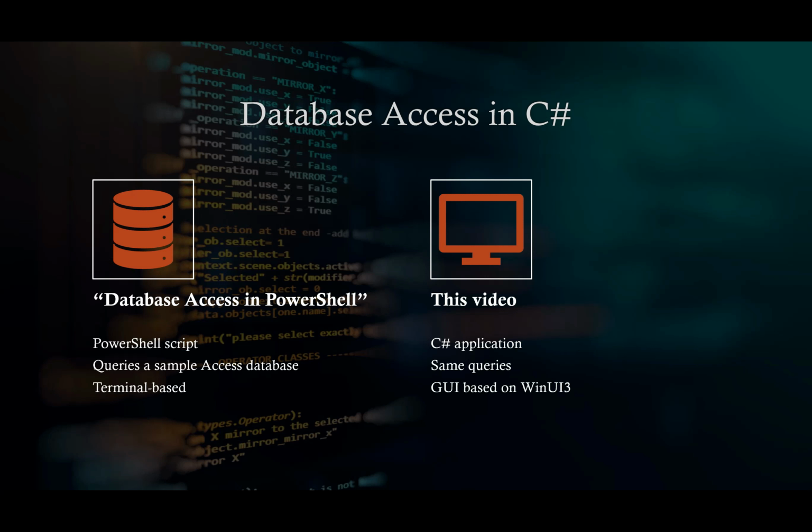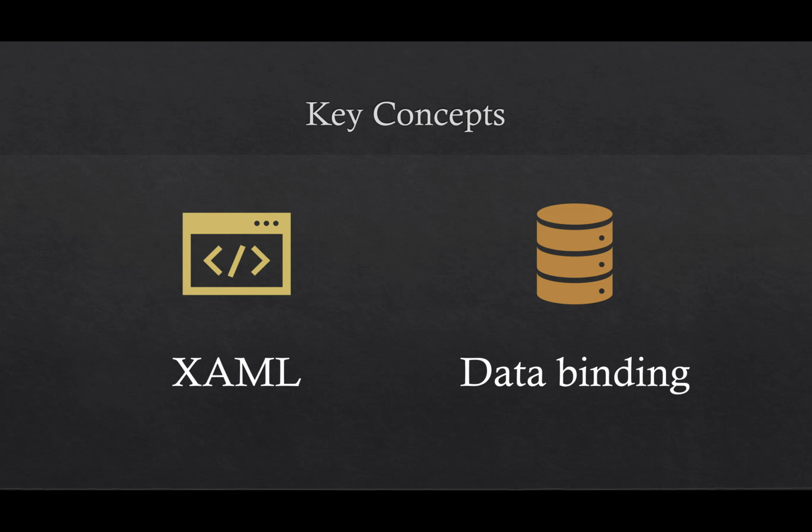And this application uses the WinUI 3 framework, which is a user interface framework for Windows that's part of the Windows App SDK. So key concepts that we're going to cover in this video are XAML, pronounced "zammel", which stands for Extensible Application Markup Language.